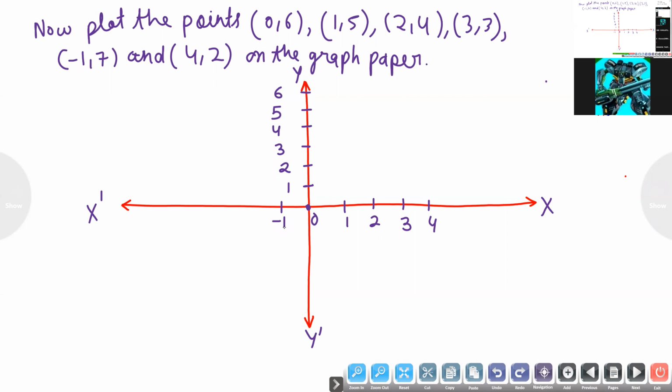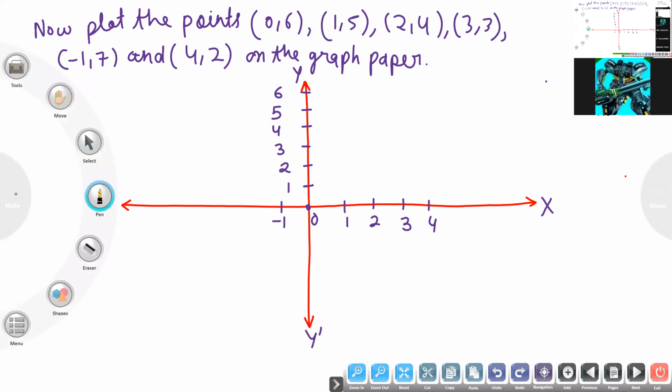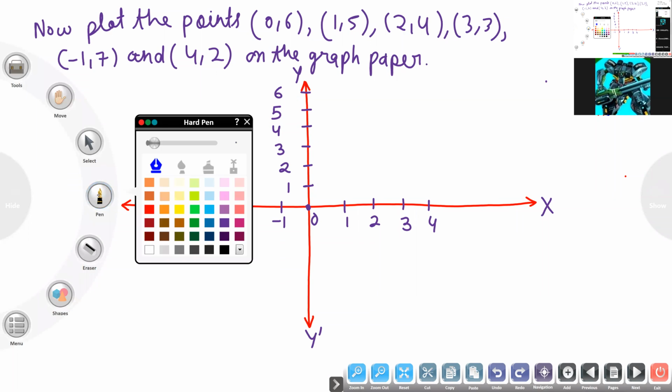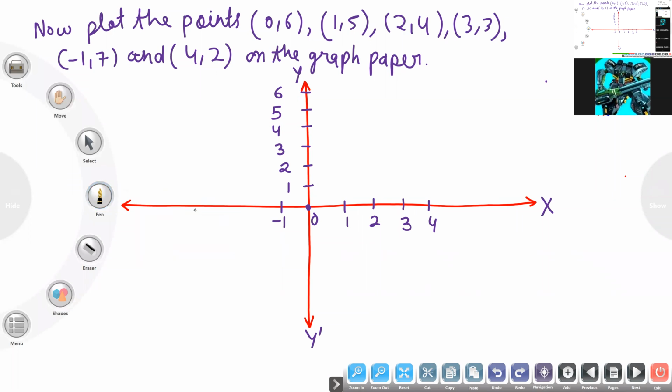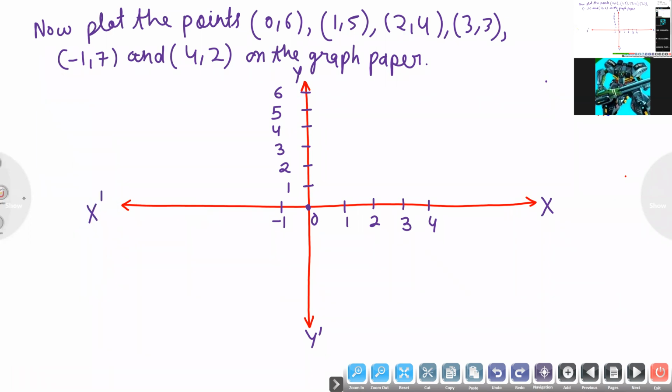Now we want to plot the graph. The first point is 0, 6. X is 0, y is 6. This is the first point, 0, 6. Second, 1, 5. X is 1, y is 5.